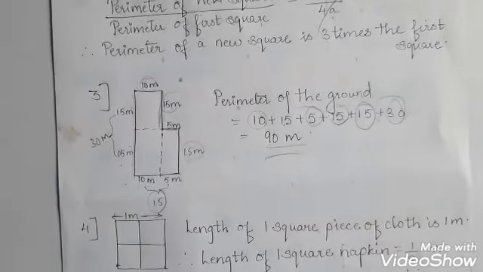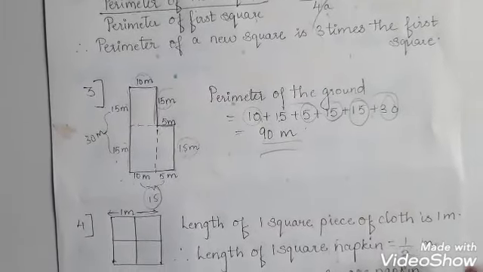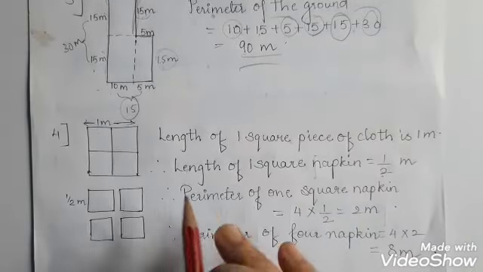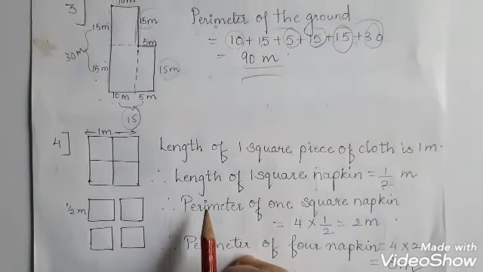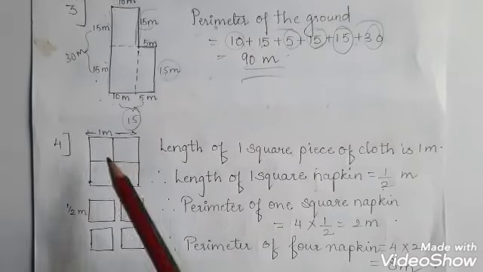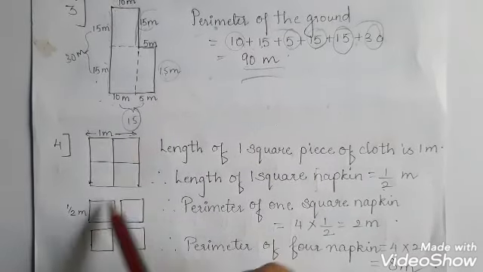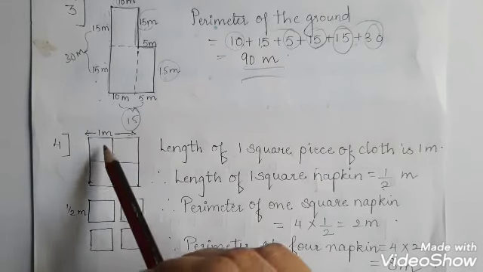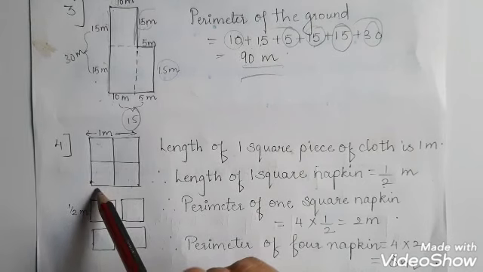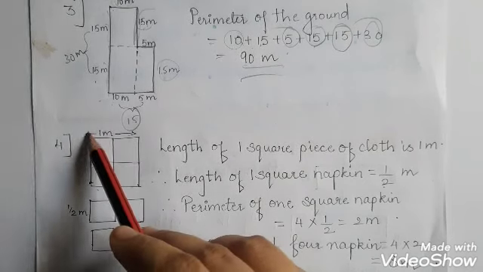Okay. Next, the fourth sum. 4 napkins of all the same size were made from a square piece of cloth of 1 meter. Now this is the actual figure which is given to us. 4 napkins, 1, 2, 3, 4 napkins are made of the same size from a piece of cloth of 1 meter.